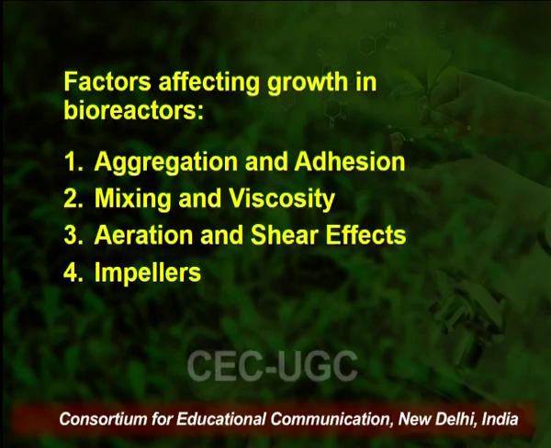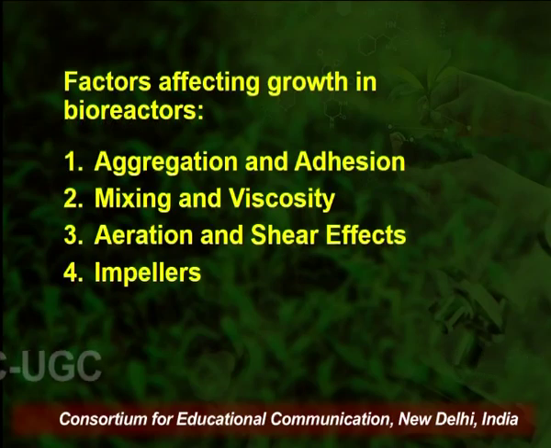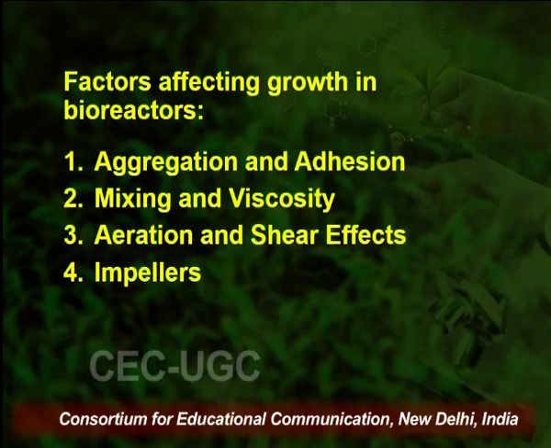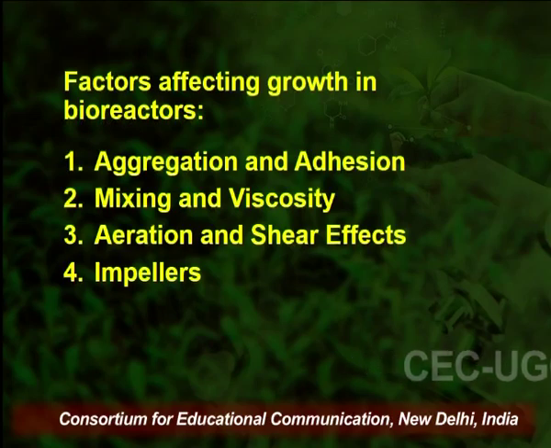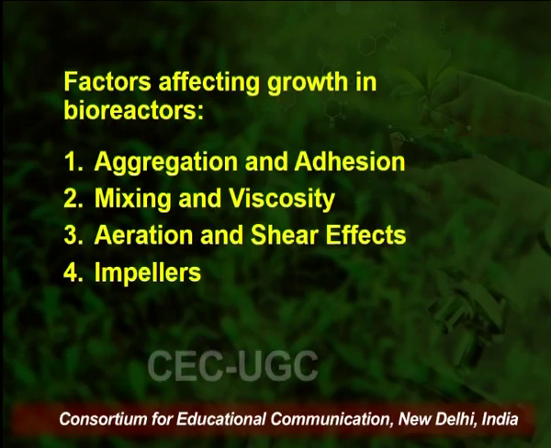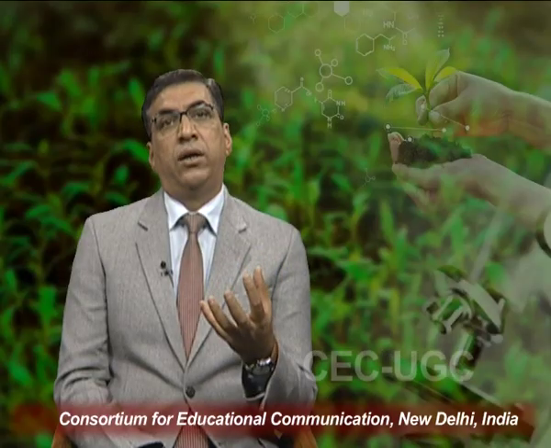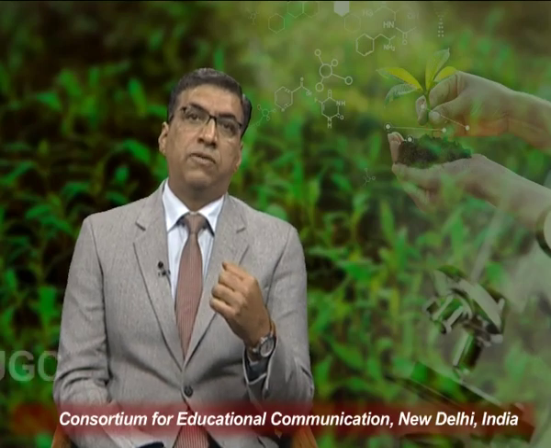Then mixing of the culture media for proper gaseous exchange and proper nutrient absorption by the cells, and viscosity of the media also play an important role in the overall growth of the culture. Then aeration and shear effects, and the type of impellers we are using in the bioreactors, also affect the overall growth of those hairy roots. Now we will discuss all these factors in detail.